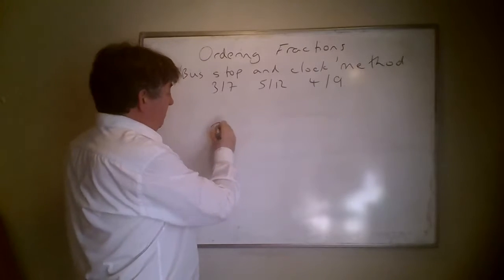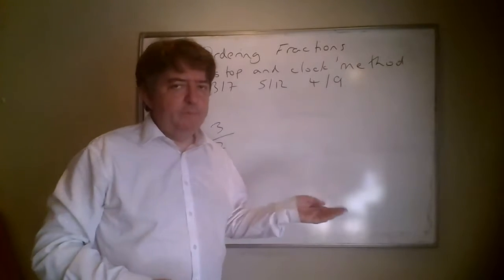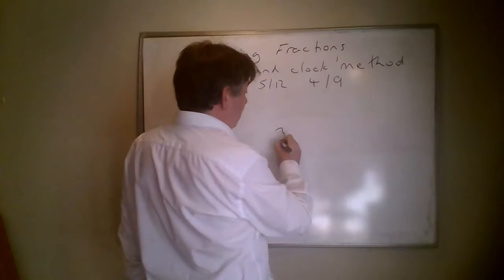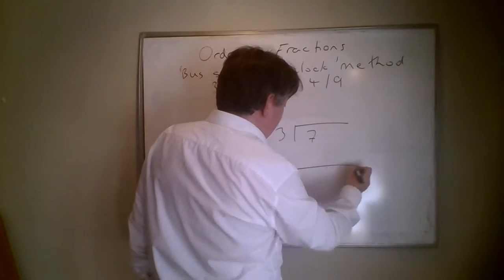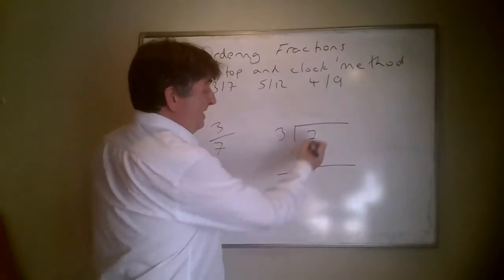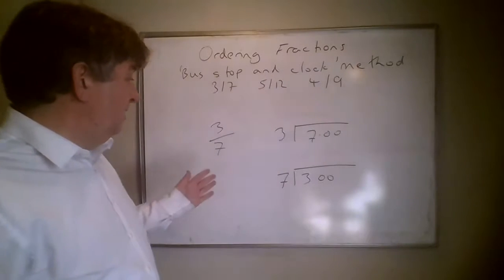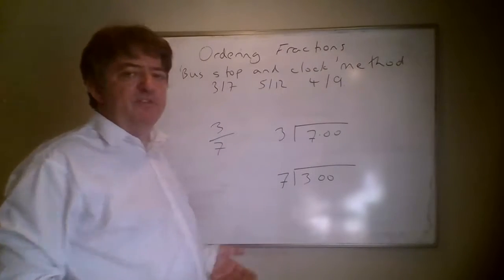So when we look at 3/7, we need to explain to pupils clearly whether we do this as 3/7 or 7 divided by 3, obviously with some additional zeros. Now, the way that we explain this is to think of it in terms of a clock.